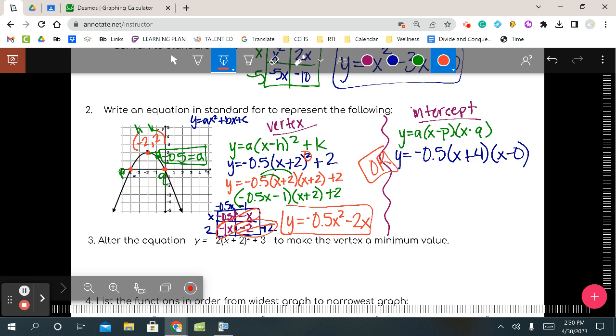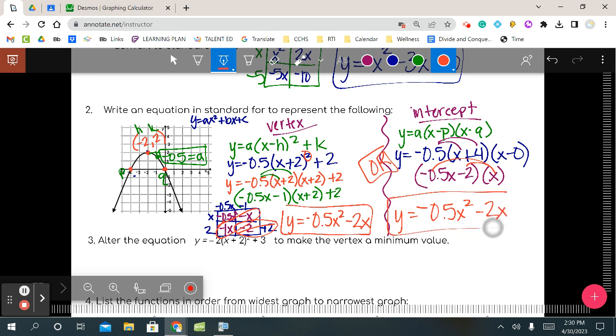So on this one, all we have to do is distribute. And that's just going to be an x. So this one, we just have to distribute this back. So y equals negative 0.5x squared minus 2x. Normally, this second parentheses would be a whole binomial, so you would have to do the box method.